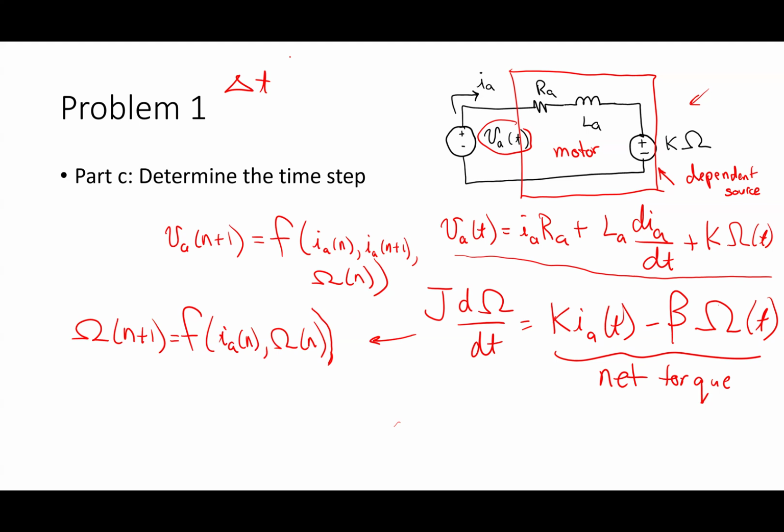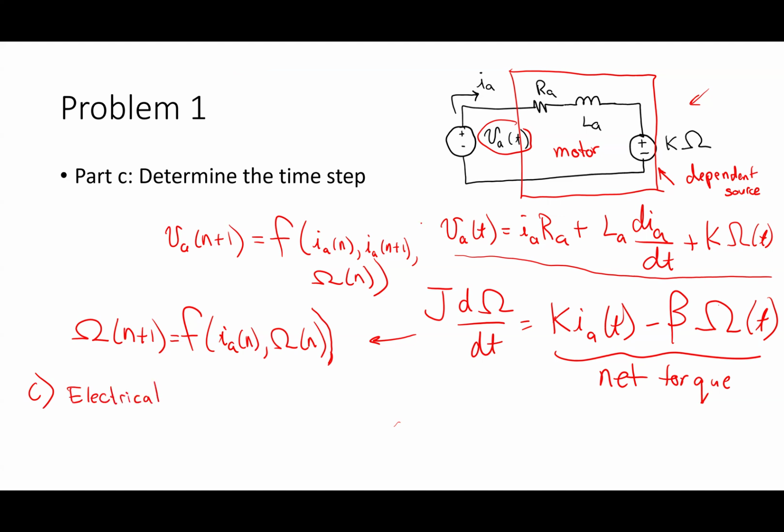I know it's a little bit strange. I could turn those into one second order differential equation by combining them, but we typically think of them separately. So if I look at this, both are first order differential equations. In part B, I figured out what the discrete time was. Part C is to determine the time step. So in part C, what I tell you to do is to look at the electrical equation.